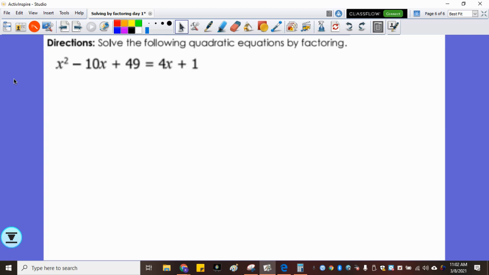All right, we have to set this equal to 0. So we're going to move everything to the left side, set equal to 0. And you can only add or subtract like terms. So if we're getting rid of 4x, we have to subtract 4x from both sides of your equal sign.